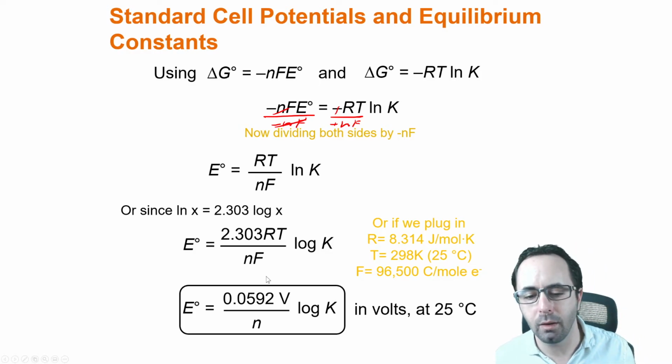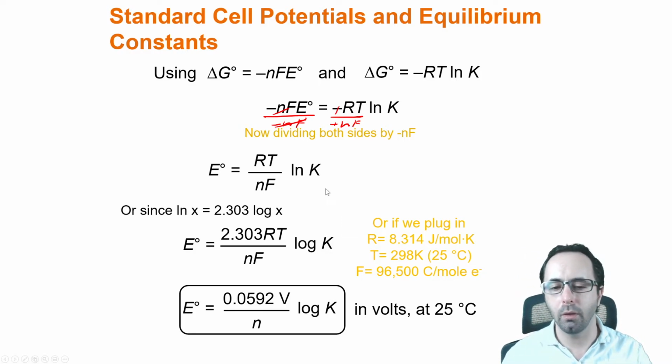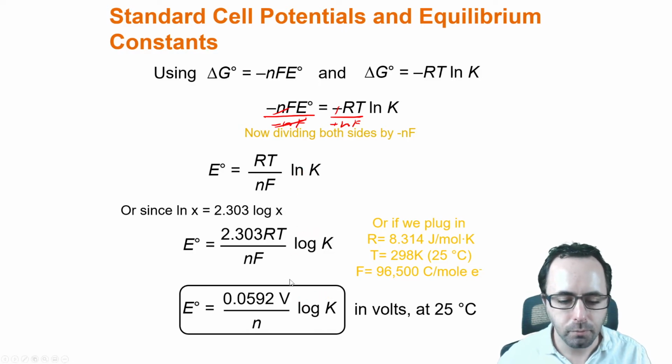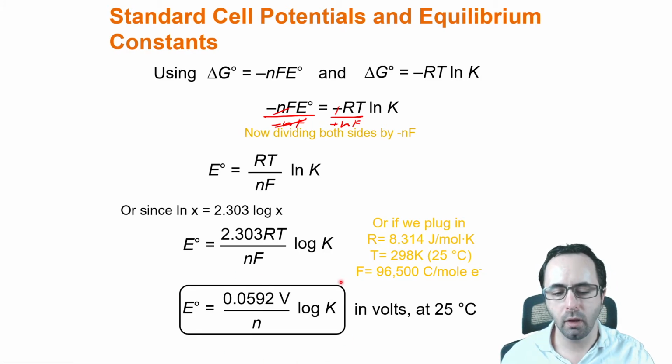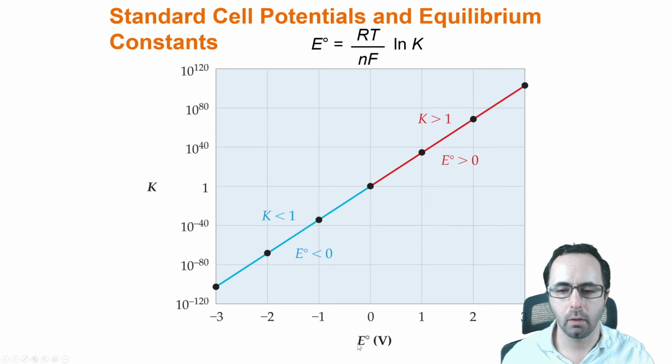So I can understand why they do it. I always think it's weird though that they always like to turn the natural log to a base 10 log, but this is the equation that you'll commonly see your book use when calculating K or E standard.